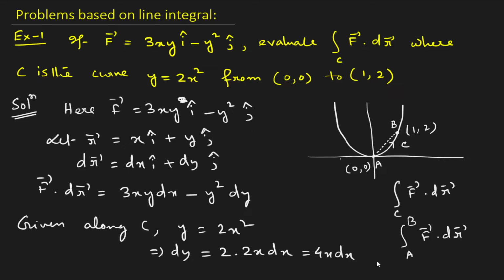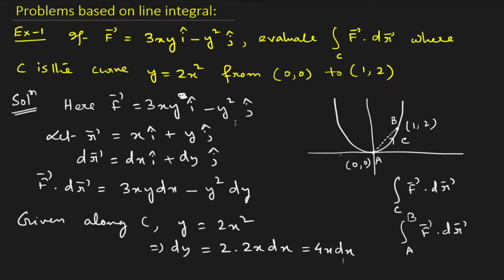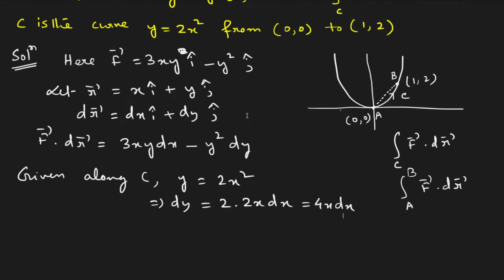Okay. Now we have to talk about the limits. See, we are bringing everything in terms of x. So we will write like this: integration over C of F bar dot dr bar.